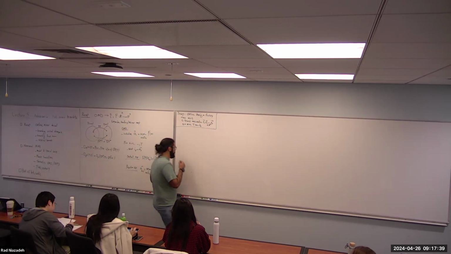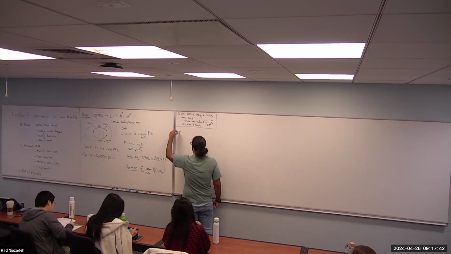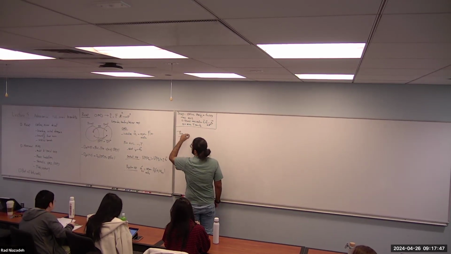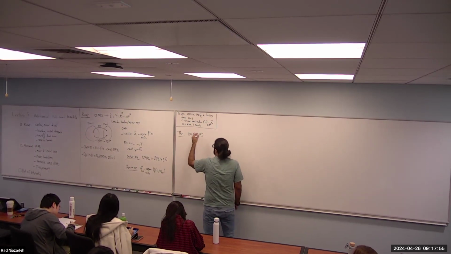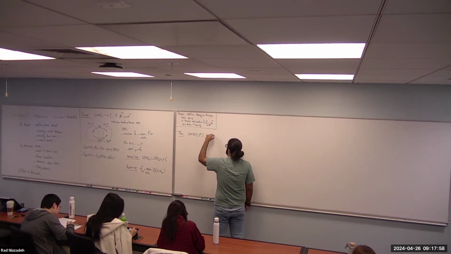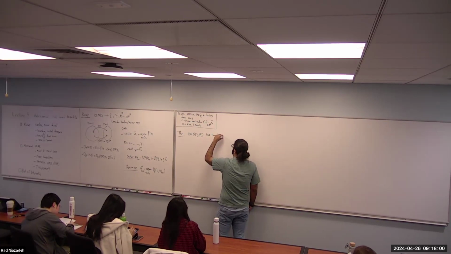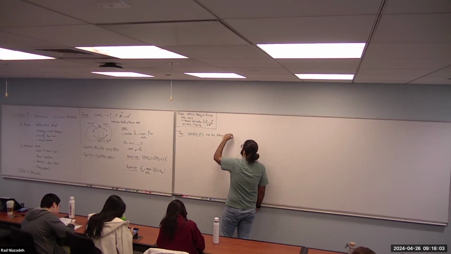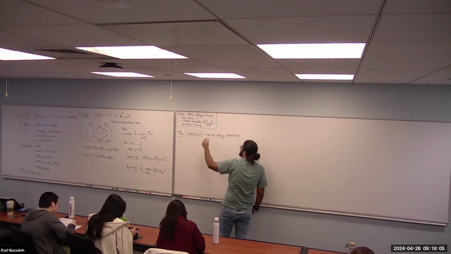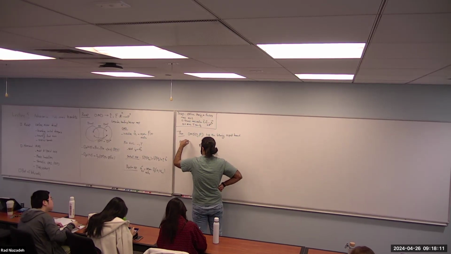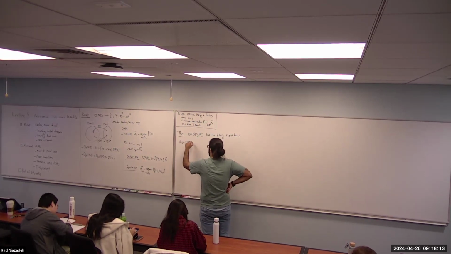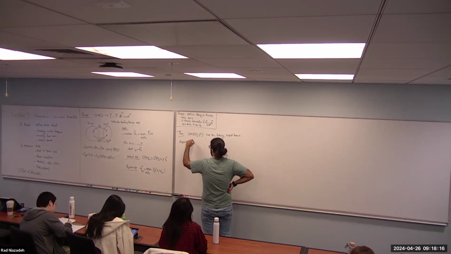And then what we showed last time is the following theorem, which really goes back to the original work of Nemirovsky. OMD with parameter eta and f has the following regret bound.